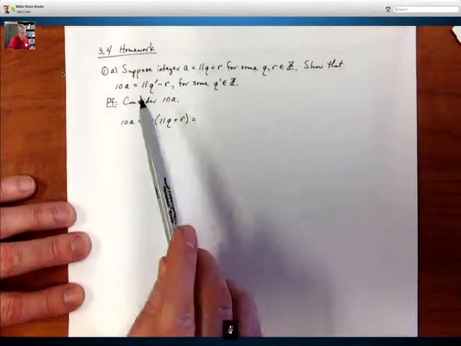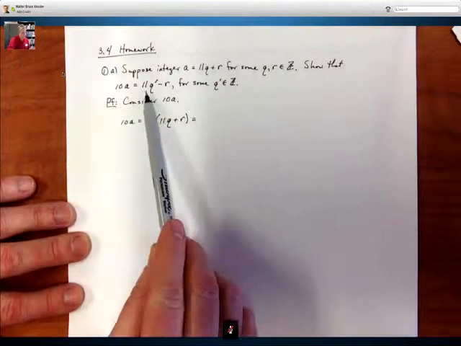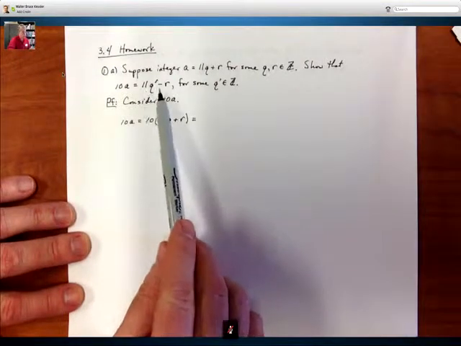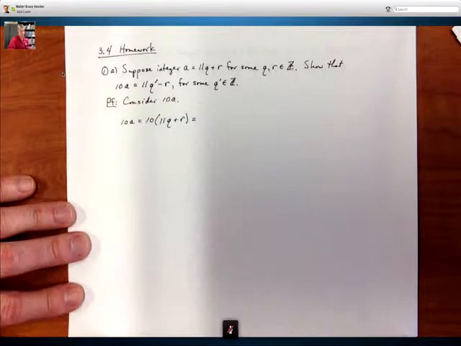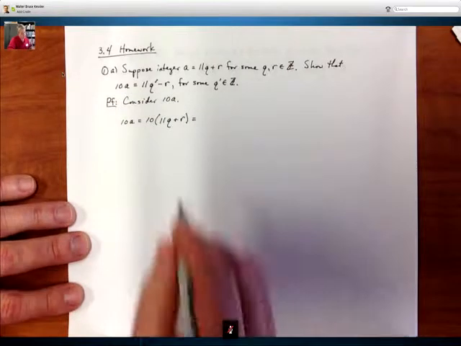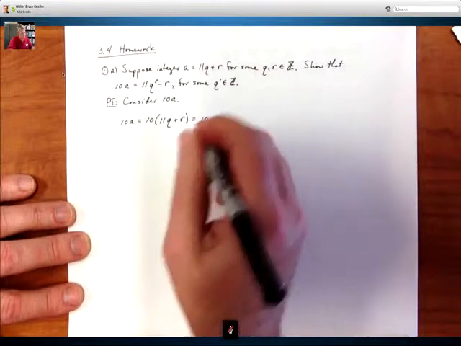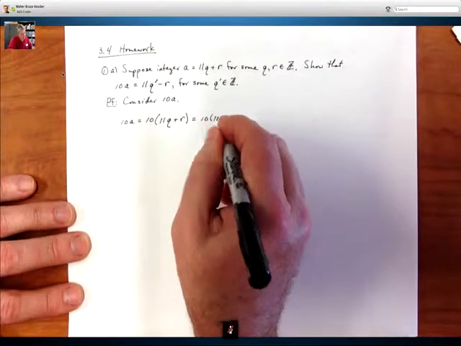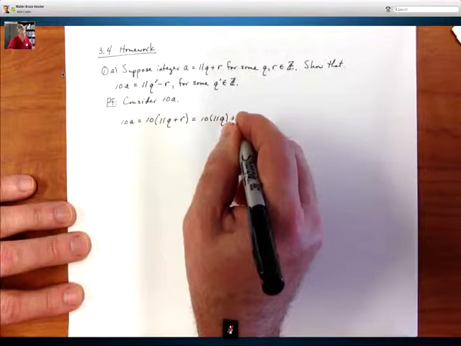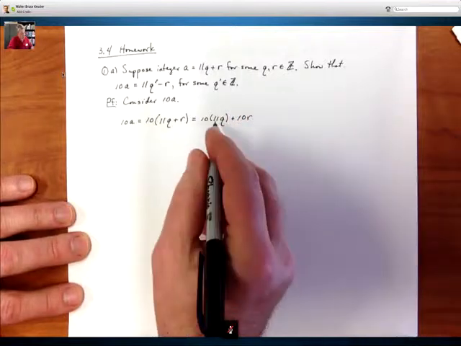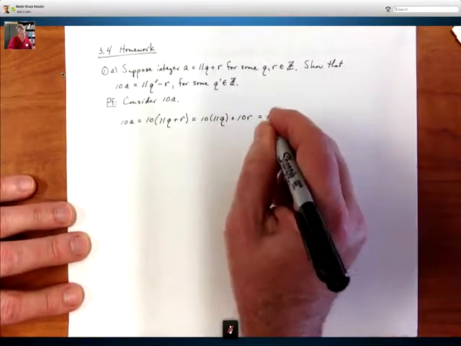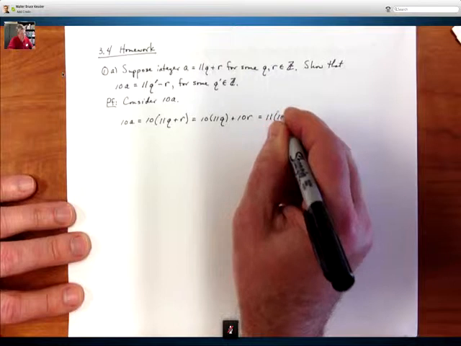Remember what we have in mind here is I'd like to have 11 times everything, except I'd like to have a minus r dangling around out there somewhere. So it makes sense to me to distribute this 10 through and then get this 11 on the outside.